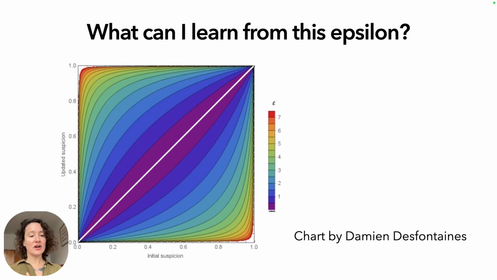And this is a good chart, I think, for dealing with multiple stakeholders, both technical and non-technical people, where you can start thinking about, okay, if I choose an epsilon of 4, what does that actually mean about how much can be learned? And this is a Bayesian-based attacker, and we have an initial suspicion across the x-axis and an updated suspicion.